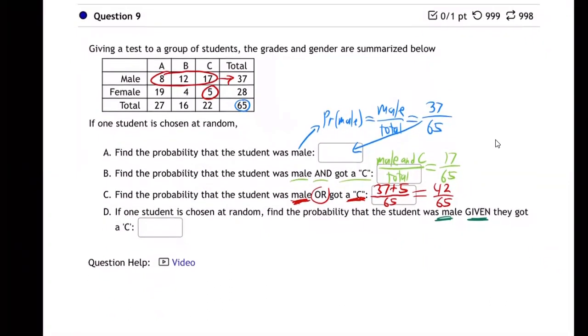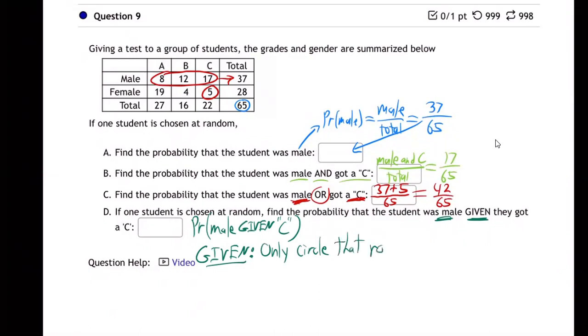Well, given, just think about how we use given in real life. Let me write it first. So the probability that it's male given... on a given question, only circle that row or column in the table.